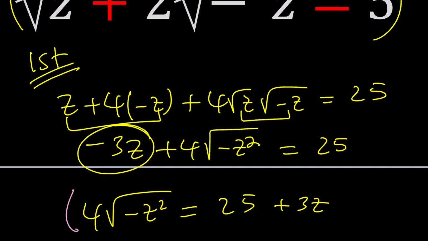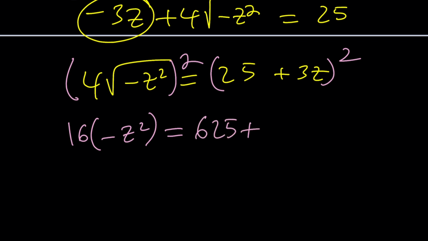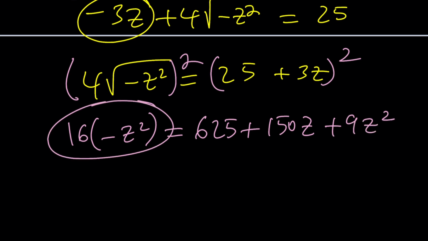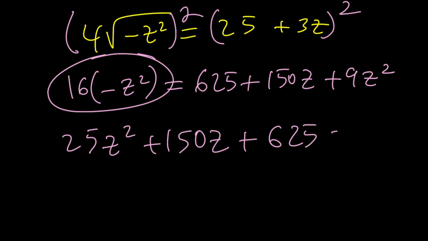So this gives us 16 times negative z squared equals 625 plus 150z, the 2ab, plus 9z squared. That's negative 16z squared. Let's put it on the right-hand side. Add it, 25z squared plus 150z plus 625 equals 0.